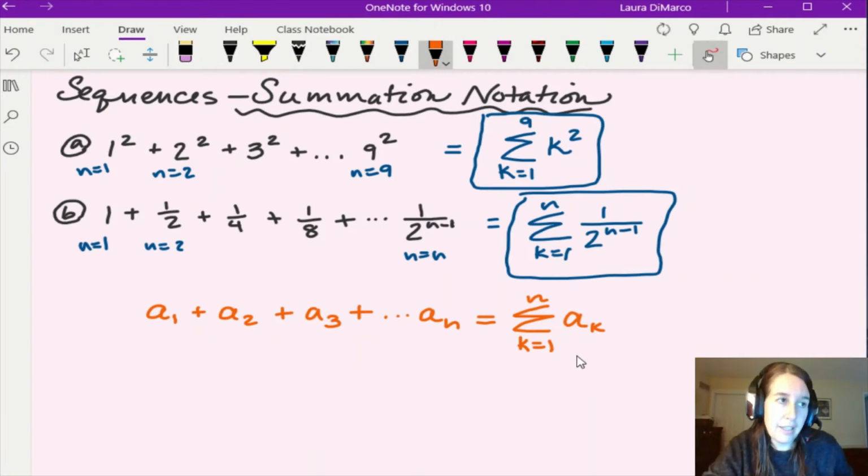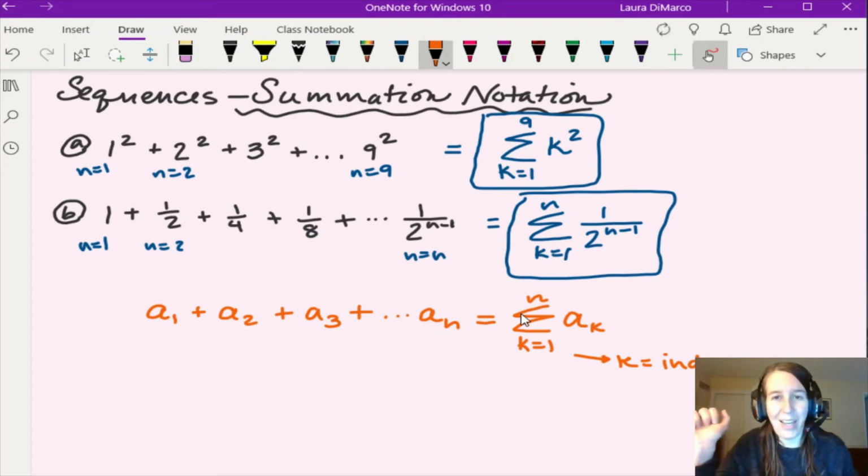And again, I said before I would write this out, but the k is called the index. It actually doesn't have to be the letter K. I've seen them use like I or J. But what I sometimes confuse is I would call that N, but then I don't actually have an N to reach as my nth term. So don't use N, but you can use other letters, but usually you'll see K as the first one.